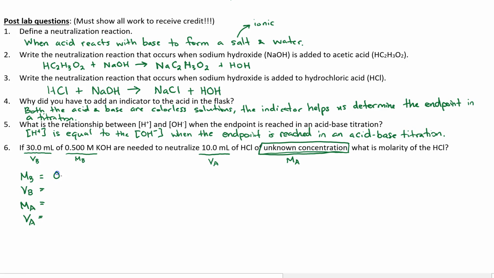So the concentration, 0.500 molar, 30 milliliters. We're looking for molarity of the acid. And we have the volume of the acid. Equation time. MbVb equals MaVa. To isolate Ma, we divide Va on both sides.